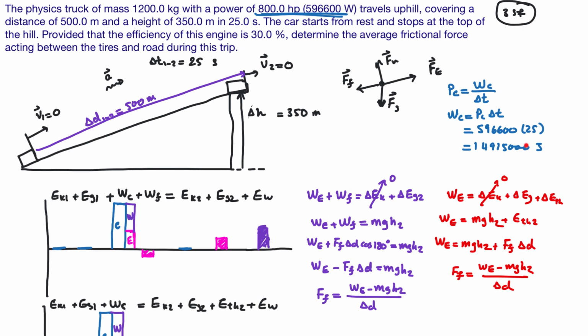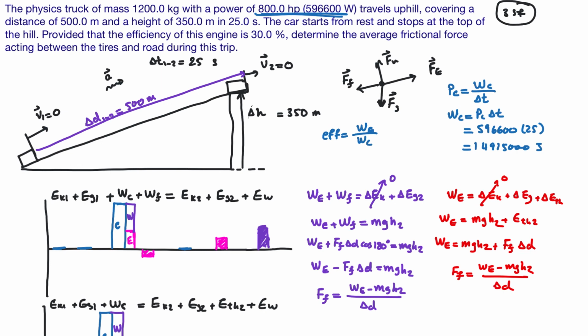And we want to see how much of this energy is actually going to the engine's ability to cause the change in gravitational energy and the change in the energy that is required to overcome the frictional force there. And to do this, I know that efficiency is going to equal to the work done by the engine divided by the inputs, WC.